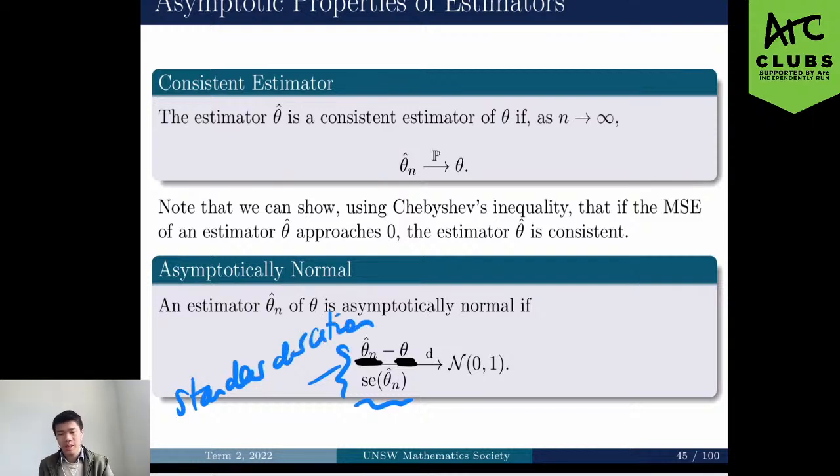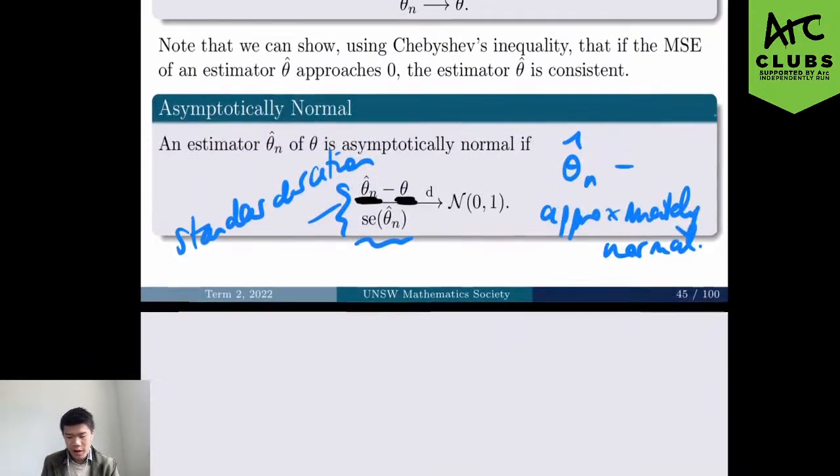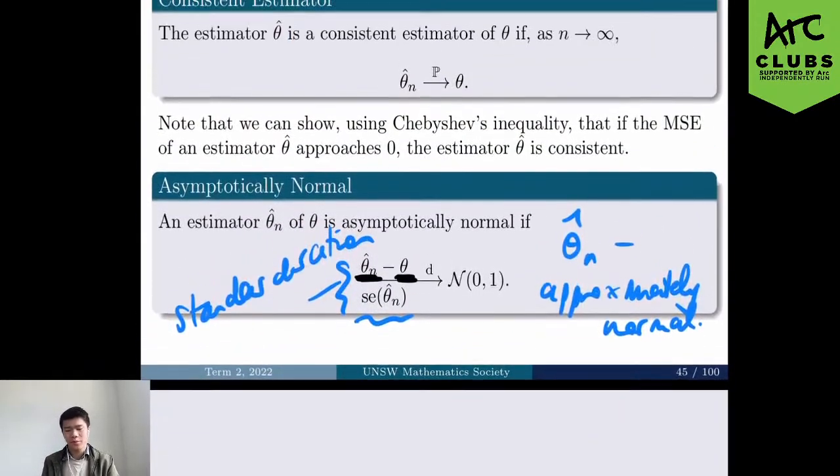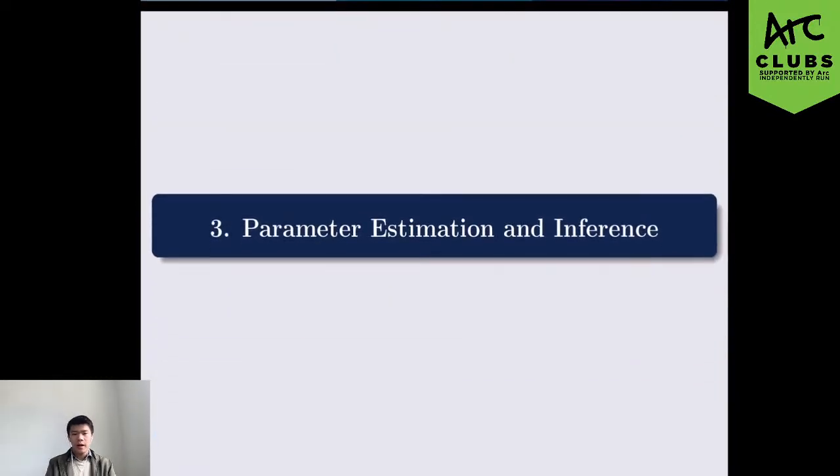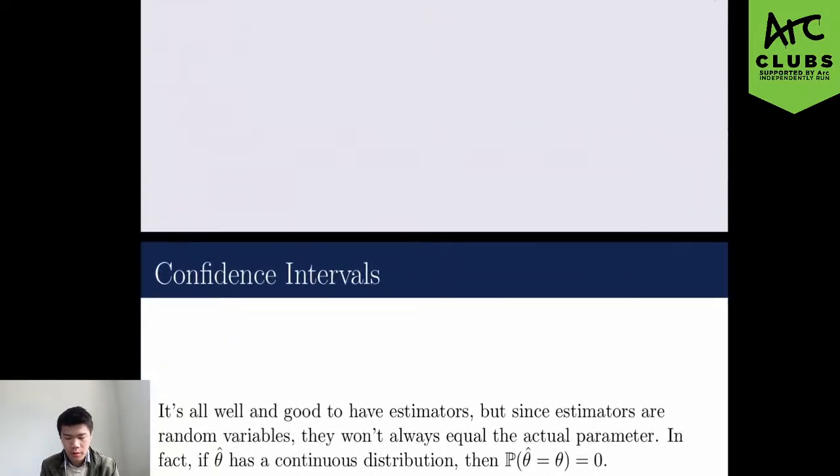If that's approximately N(0,1), then that means that theta hat is approximately normal. So wait until you find out about MLEs. You'll be excited to learn that those are approximately normal. So we can also use approximations for that.